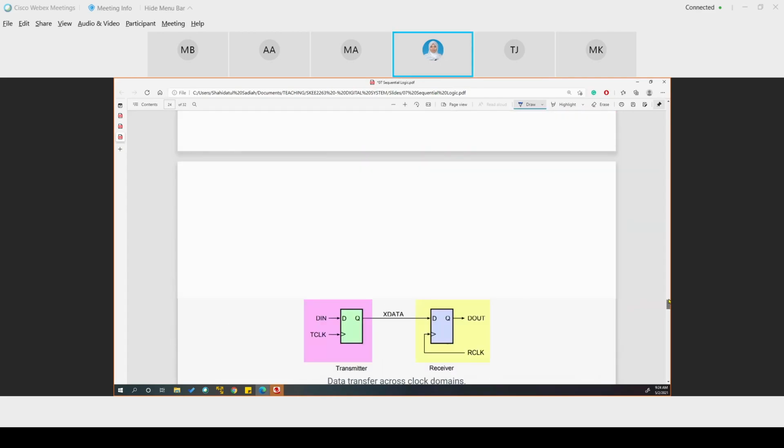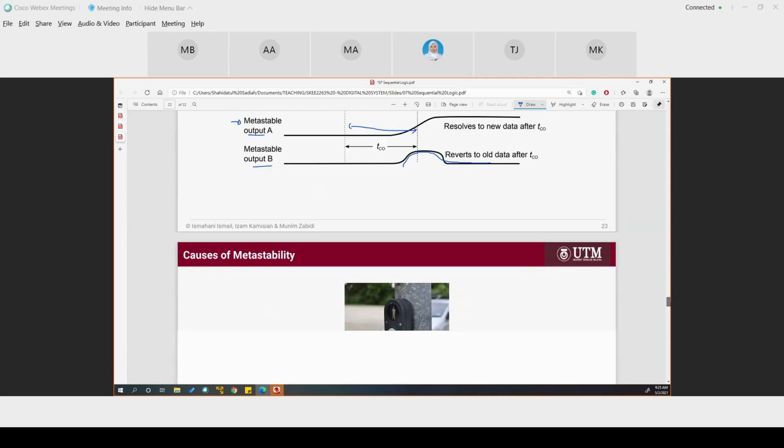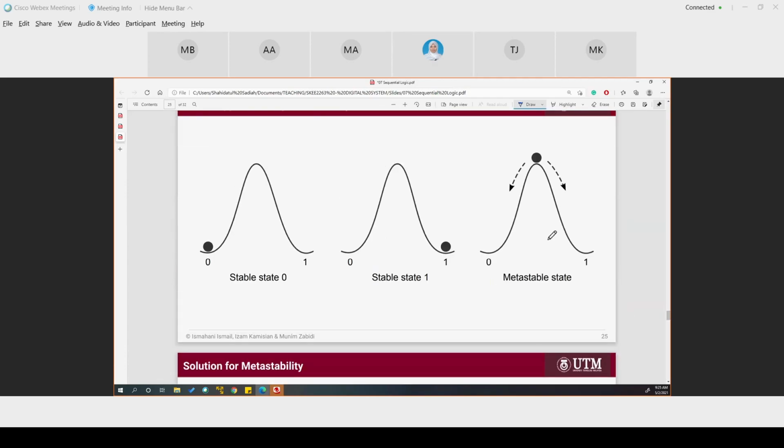The metastable, we're talking about metastable here. The metastable state is like when you put a ball on top of a hill, so it can go to state 0 or it can go to state 1. It's not stable.